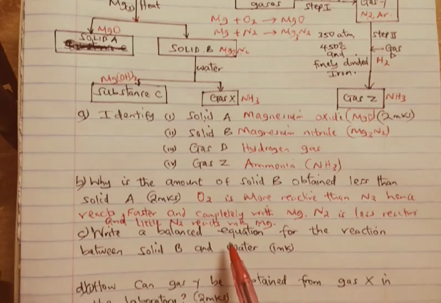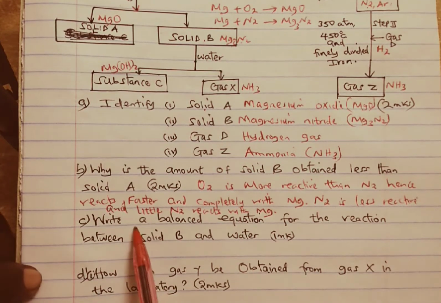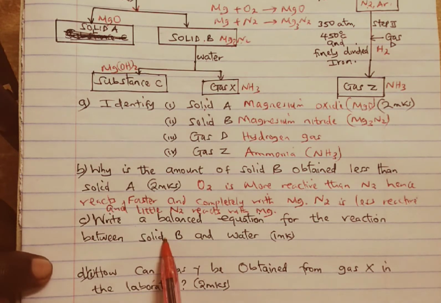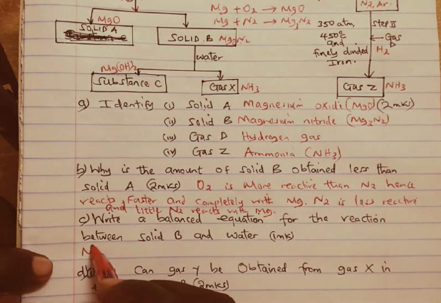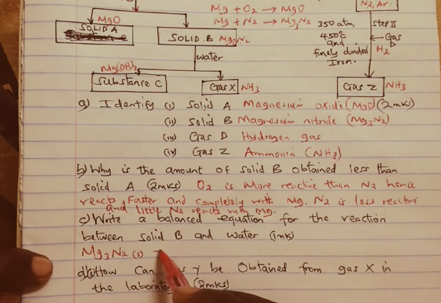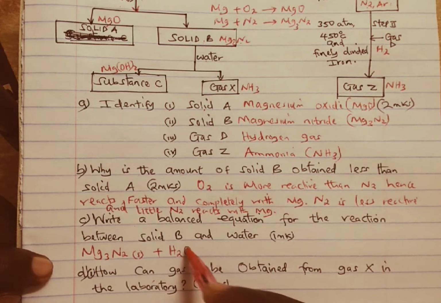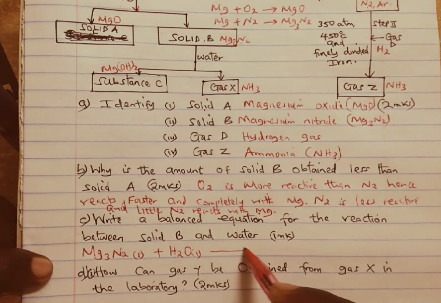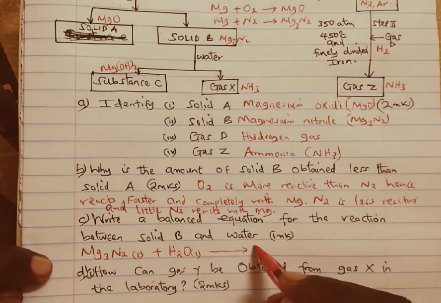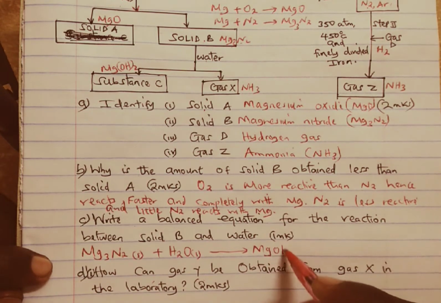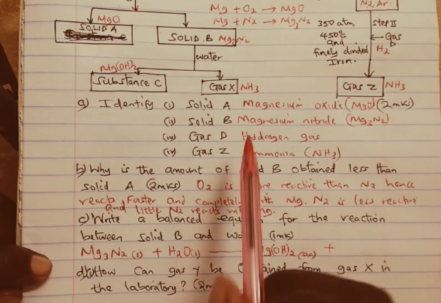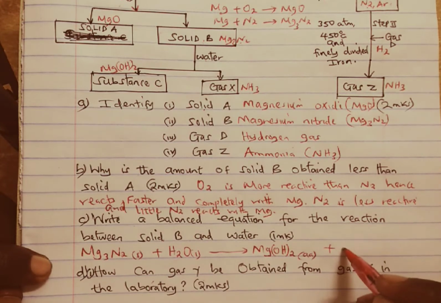C part of the question. Write a balanced equation for the reaction between solid B and water. Solid B is magnesium nitride, which is a solid. It is reacting with water. Water is a liquid. And the reaction between magnesium nitride and water produces magnesium hydroxide plus gas X, which is ammonia.